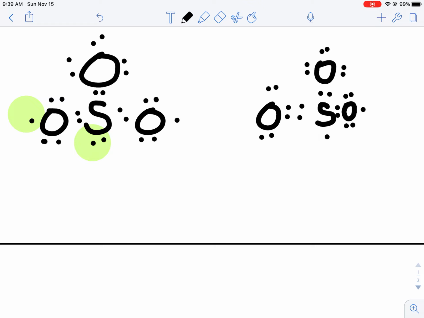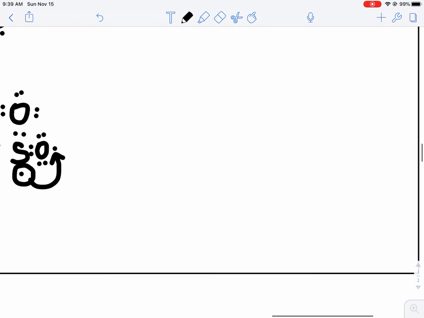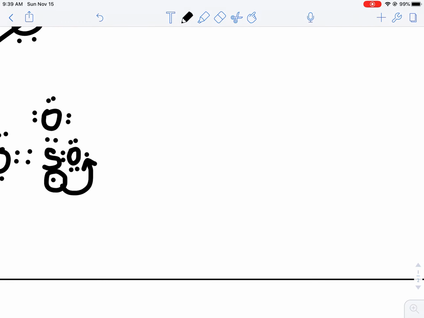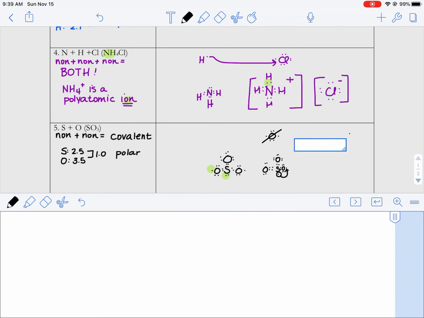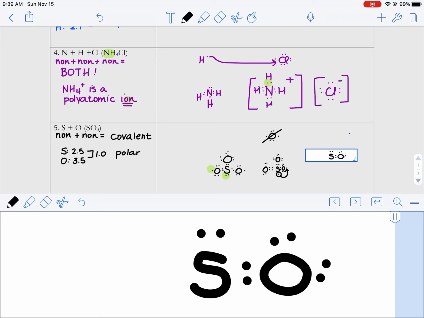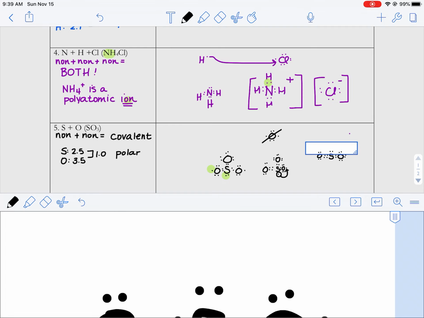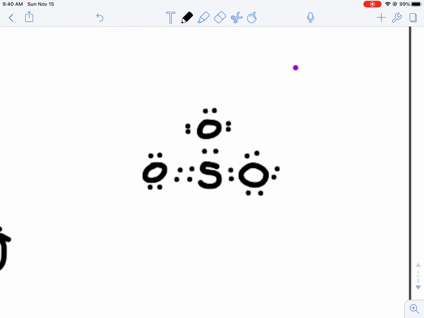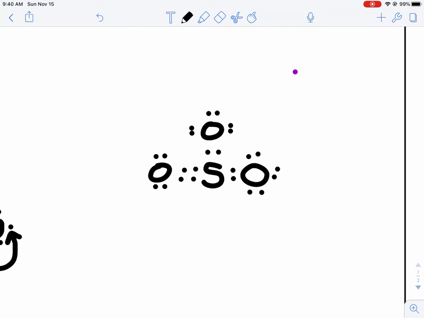It has 9 electrons, and that can't happen. However, the oxygen on the right still has access to 7 electrons. So if I take this electron that's on sulfur and shift it over to the oxygen, I wind up with a situation that looks like this.